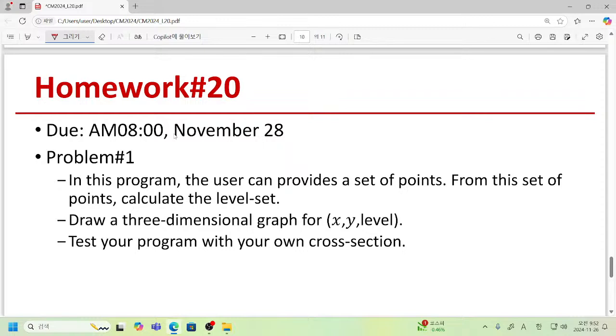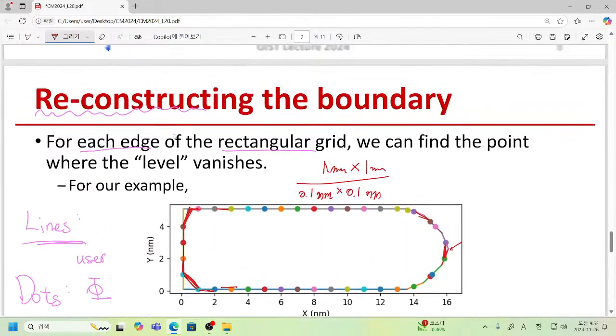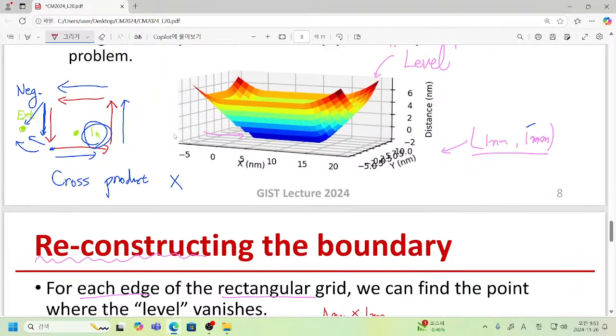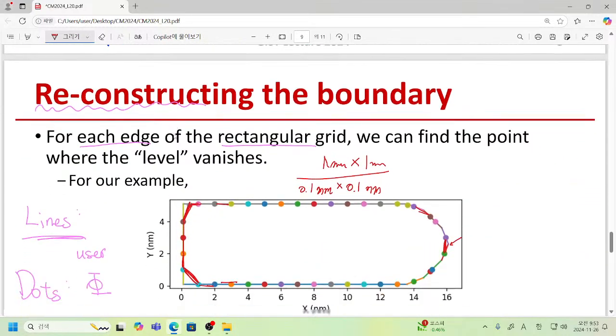In this case, you can provide a set of points in a separate text file, and from this text file, please calculate the level set, and from this level set, please draw x, y, comma level. It means please try to evaluate or draw these graphs.